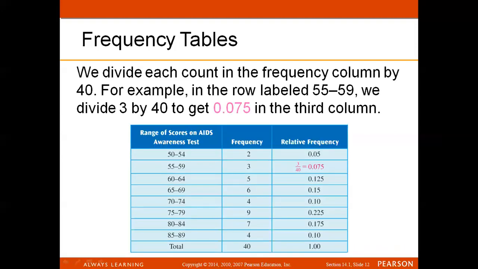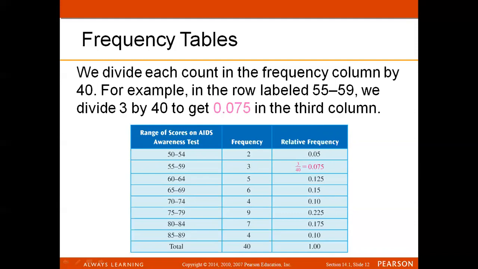We divide each count in the frequency column by 40. For example, in the row labeled 55 to 59, we divide 3 by 40 to get 0.075 in the third column.